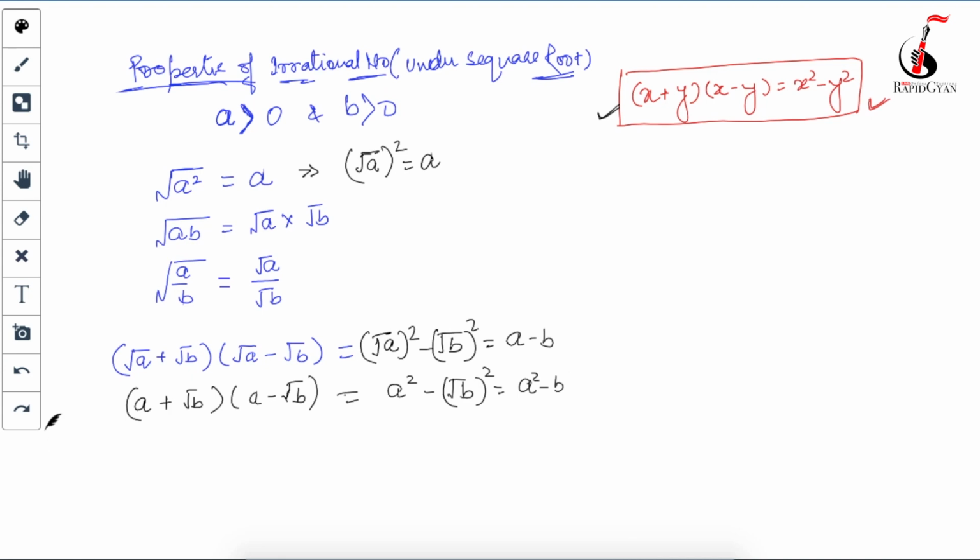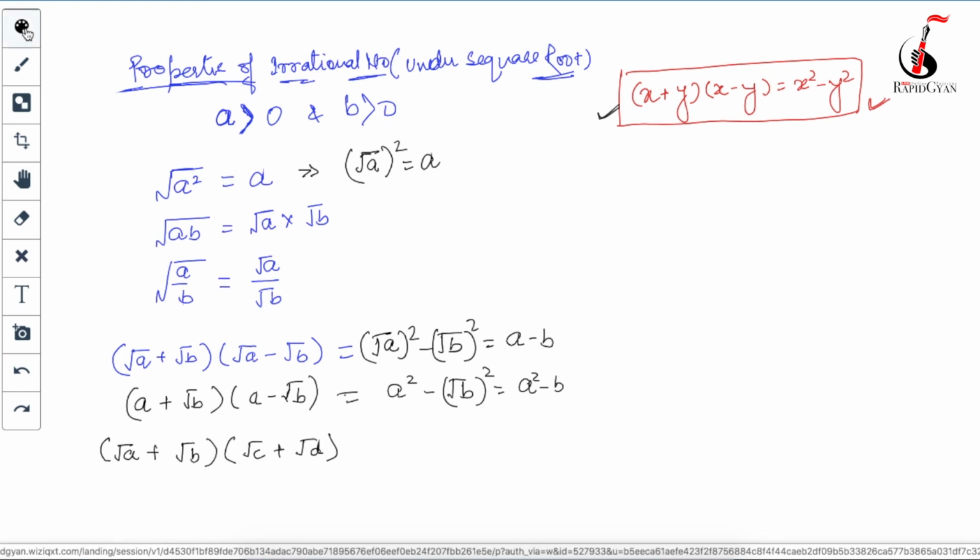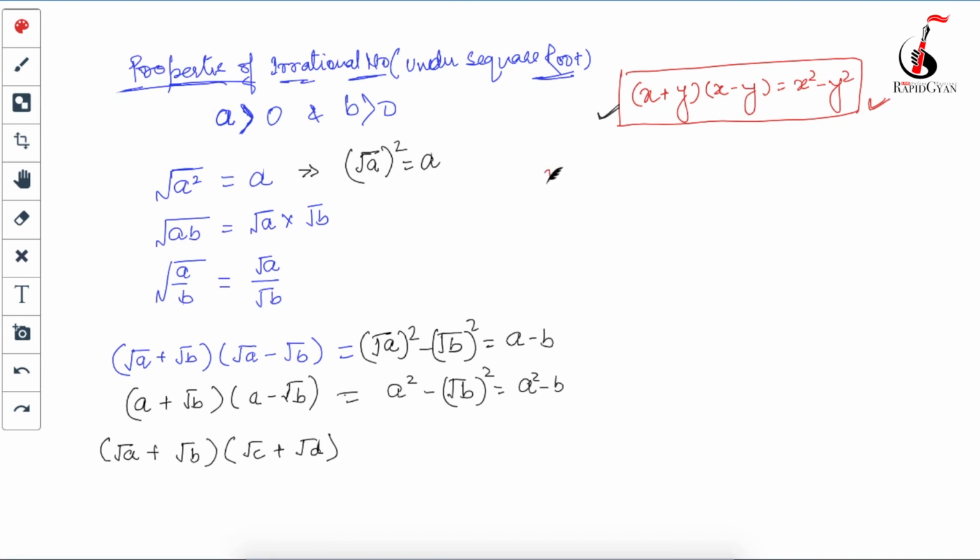Next one is under root a plus under root b multiplied by under root c plus under root d. How are you going to do this multiplication? If you remember from previous classes, suppose you have to multiply x plus y with c plus d.